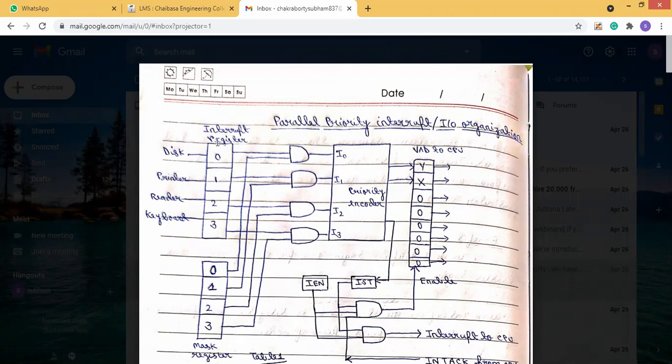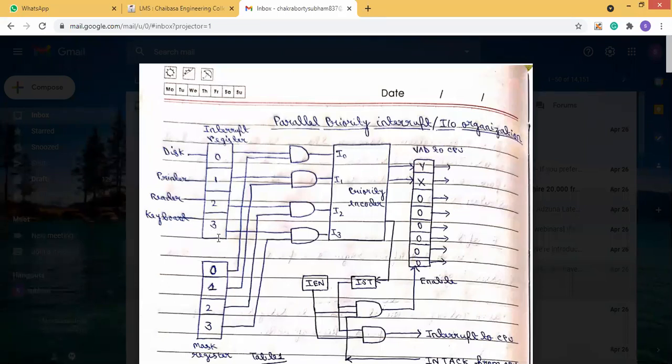Disk is 0, printer is 1, reader is 2, keyboard is 3. This is the priority number that is set. The highest priority number is 0, and the lowest priority number is 3.